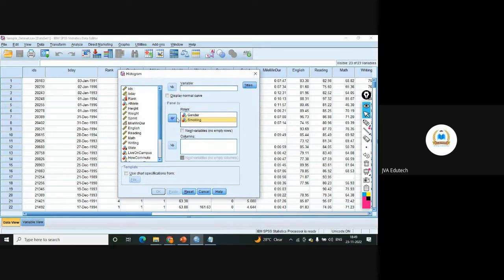Sorry, take the gender in column, smoking in rows.